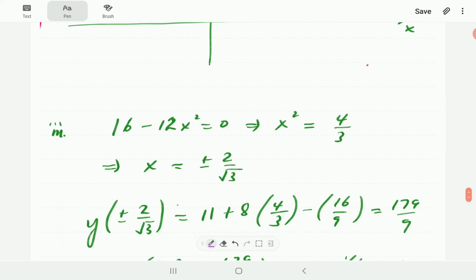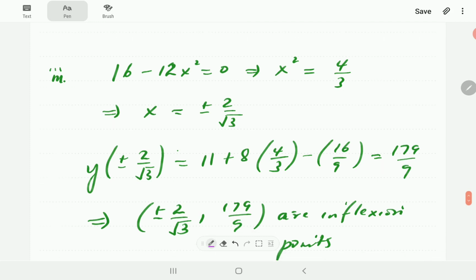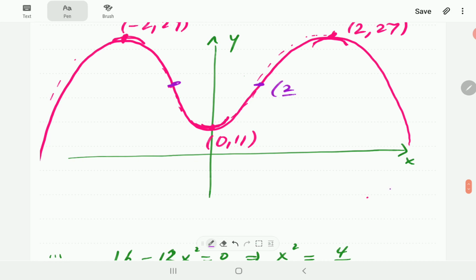So if we set the second order derivative to 0 and solve, there's our second order derivative, implies x squared is 4 on 3. So x is plus or minus 2 on root 3. If we plug these into the y equation, both of them are going to give us 179 over 9. So this point here is (2 over root 3, 179 over 9). This one here is (-2 over root 3, 179 over 9).